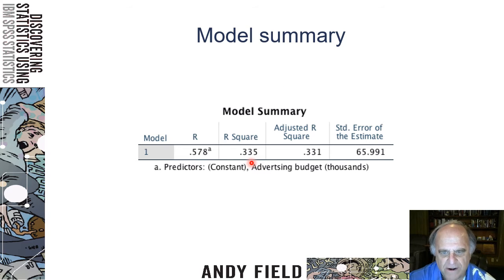The R squared is 0.335. It does calculate an adjusted R squared. Most people place very little value in these adjusted R-squares as an indicator of what the cross-validation R-square would be, but SPSS does give it to you. And then it gives you a standard error of estimate, which could be used in setting up confidence intervals around predicted scores.